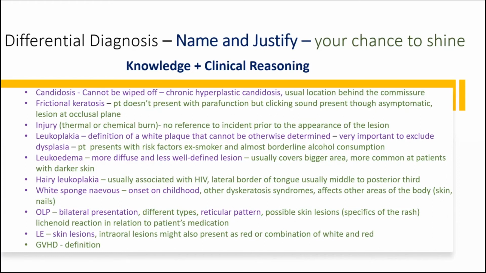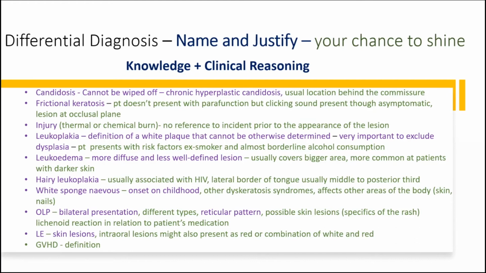Oral lichen planus. Oral lichen planus can be argued again in this differential diagnosis by the bilateral presentation. You can refer to the different types of oral lichen planus, the most common one being the reticular pattern, but we do have a plaque-like type of oral lichen planus. We might have possible skin lesions, specifics of the rash, so where you usually find it or how it looks.